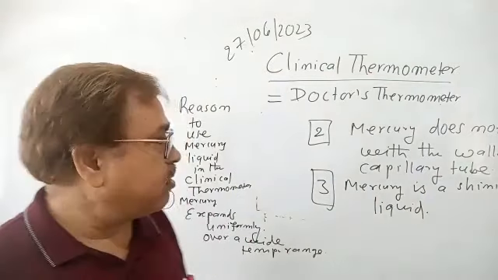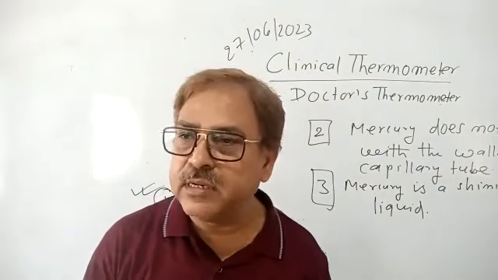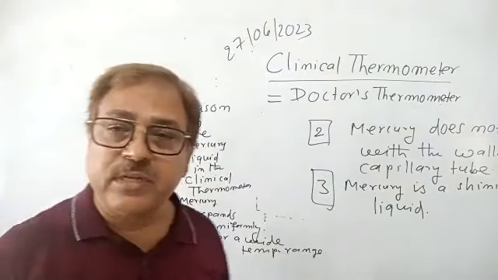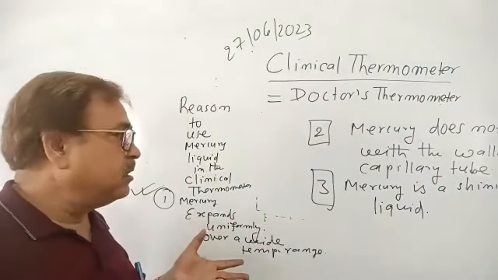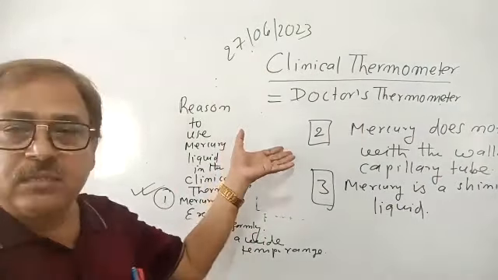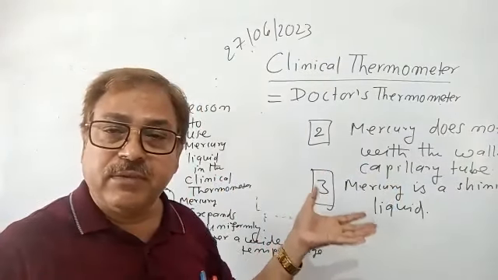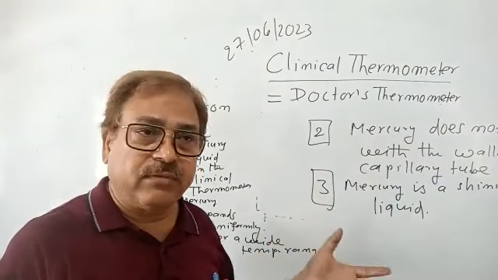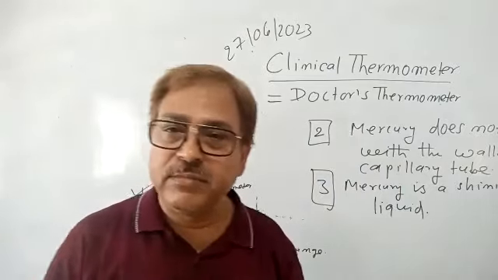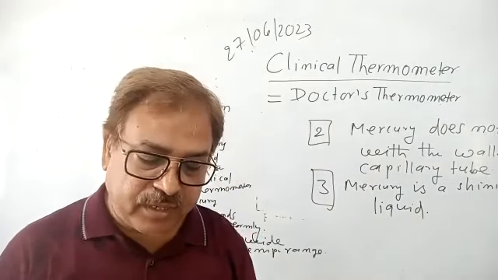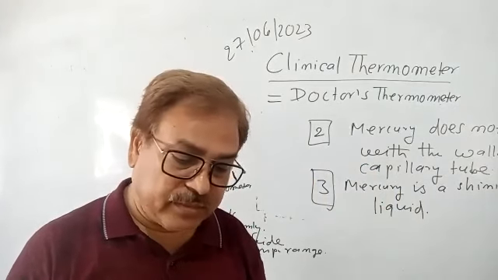Okay, so this is very important. Why is mercury filled in the thermometer? There are three most important reasons. One is the uniform expansion. Number two, it does not stick with the walls of the thermometer. And third, it is very shining, so that one can see directly where the level of the mercury is rising up after the expansion.